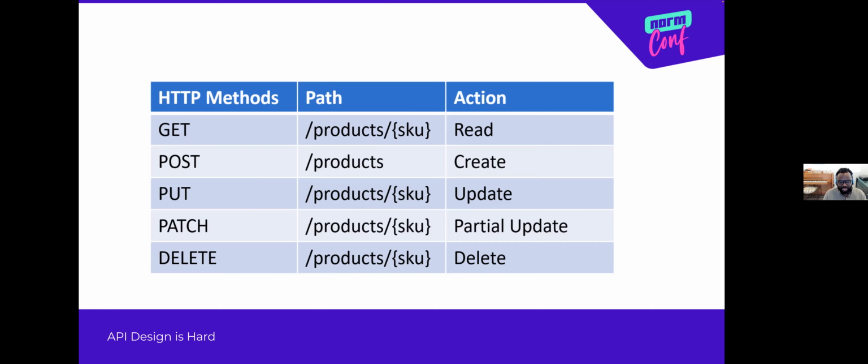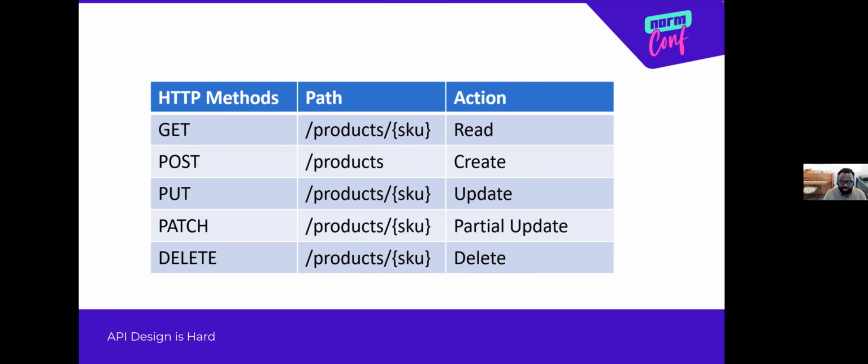However, the reality is that people don't all implement this the same way. So some ways that this can go wrong and that API design can be hard are small things to big things. So let's talk about some of the small things. Let's consider someone who believes that instead of making this plural products, it should be product. So that's one way that they can do it.